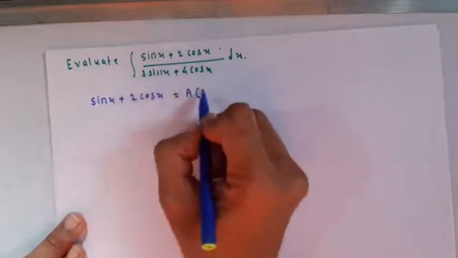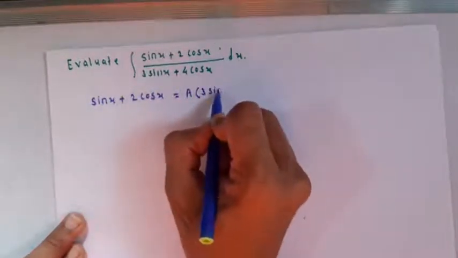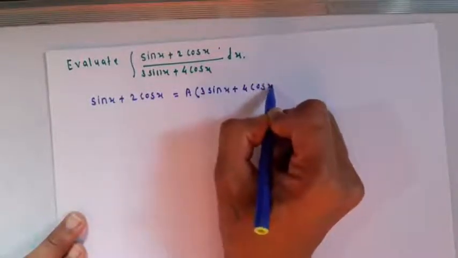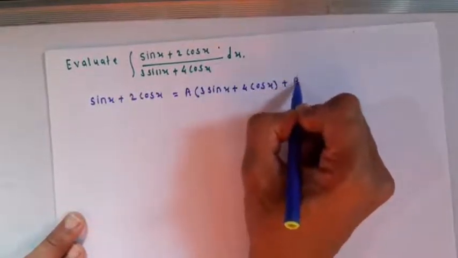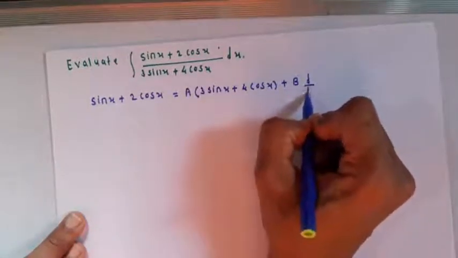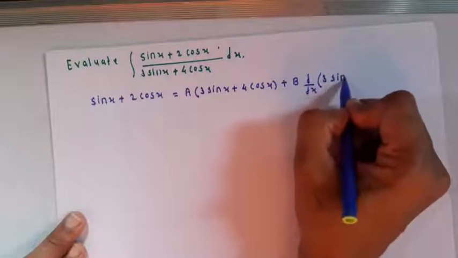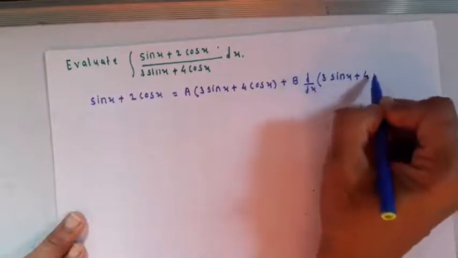What is the denominator? That is 3 sin x plus 4 cos x.